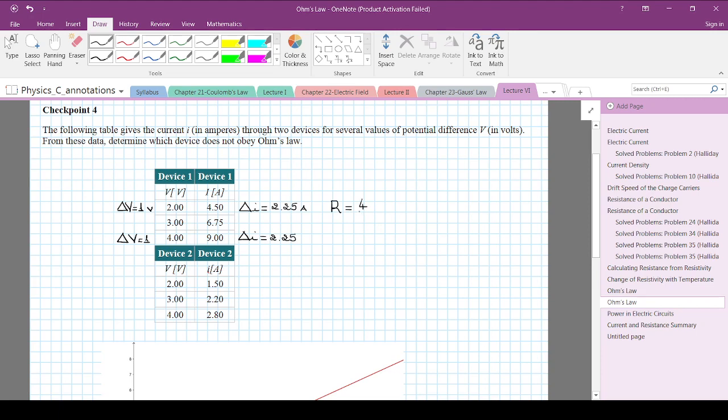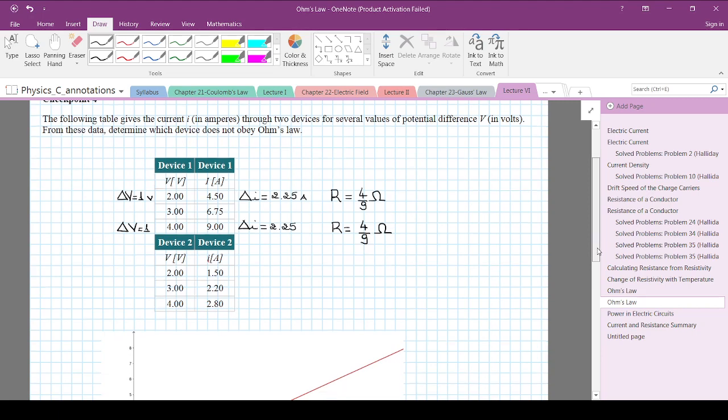So in both cases, the resistance, this ratio, since we know that if you have these pairs, they should fit like a straight line, and the resistance is going to be the angular coefficient of this straight line.